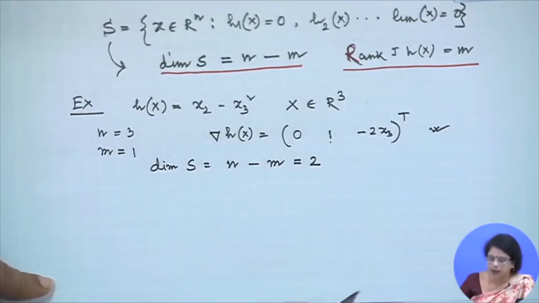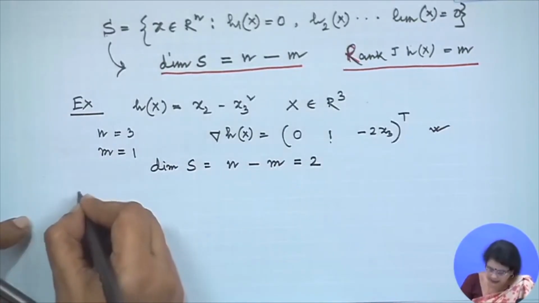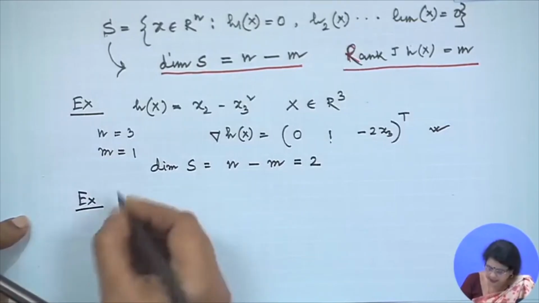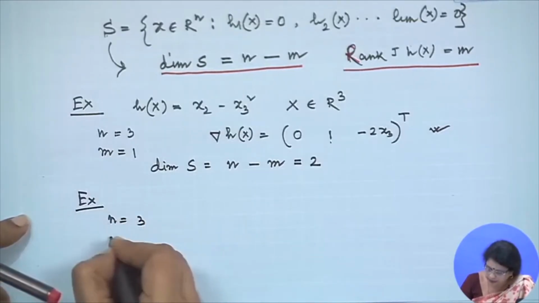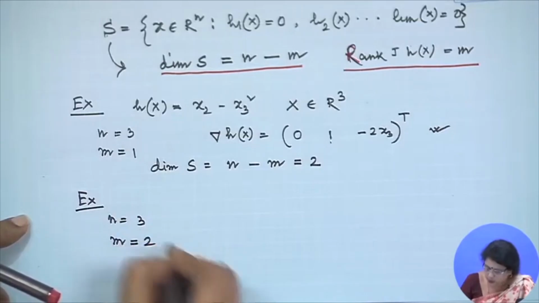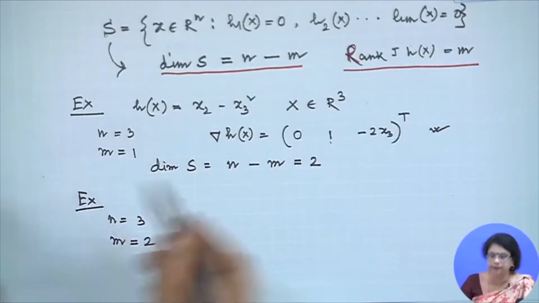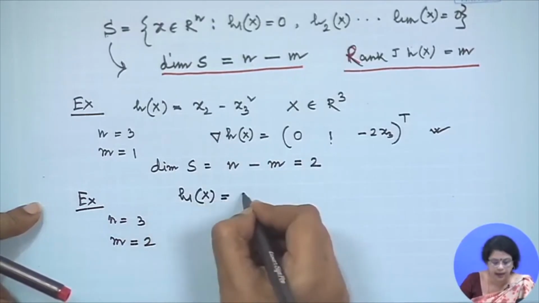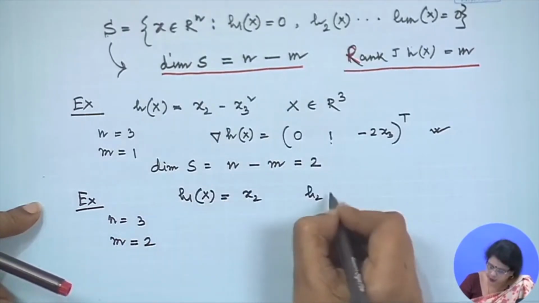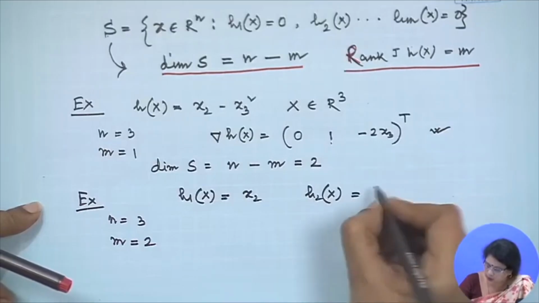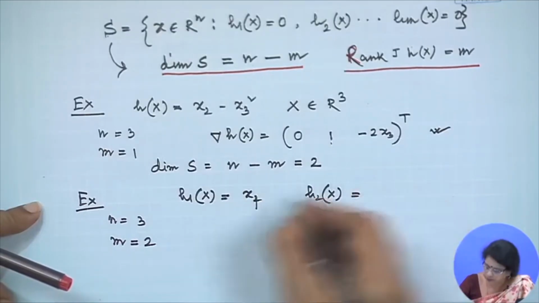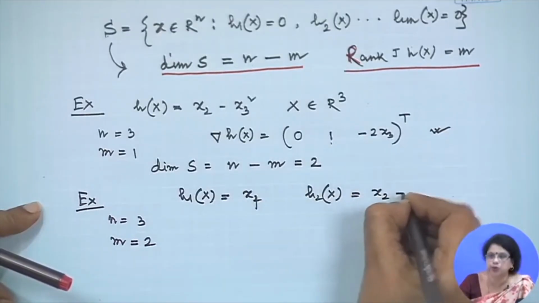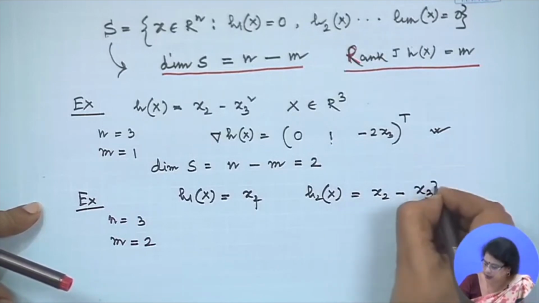Now, for the next example, we are considering n equal to 3, but m equal to 2. We have two constraints together. One constraint is h1(x) equal to x1, and h2(x) is equal to x2 minus x3 squared.